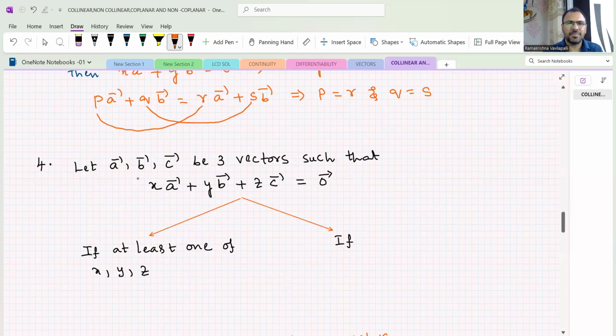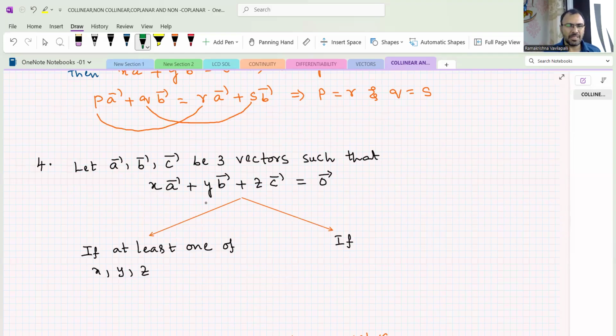All right. Now coming to coplanar and non-coplanar vectors. Let A bar, B bar, C bar be three vectors such that XA bar plus YB bar plus ZC bar equal to 0 bar. Now, what are the conditions on X, Y, Z so that A bar, B bar, C bar are coplanar or non-coplanar vectors?